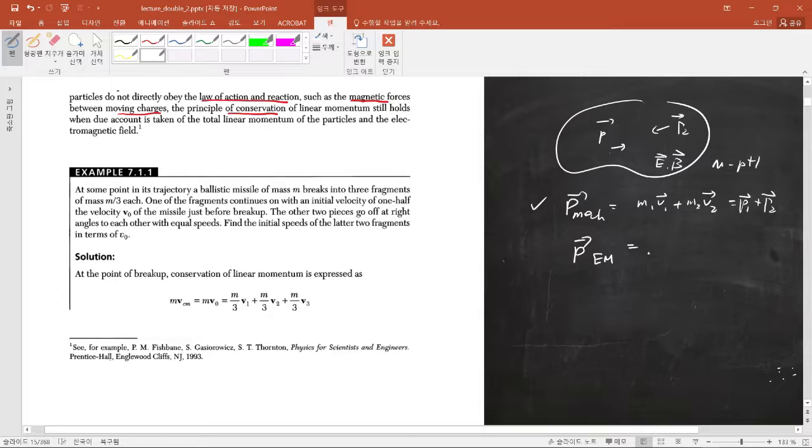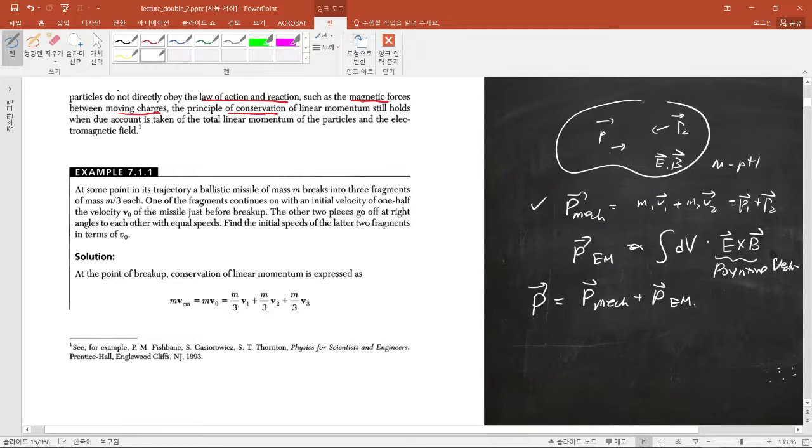which, let me just give you the sketch, is proportional to the integral over dV of, for example, E cross B. I think people realize that E cross B is called the Poynting vector. The bottom line is that the total momentum should be defined as P mechanical plus P electromagnetic field.